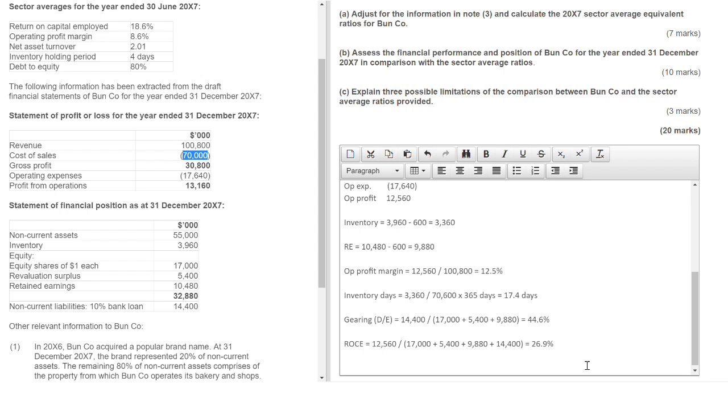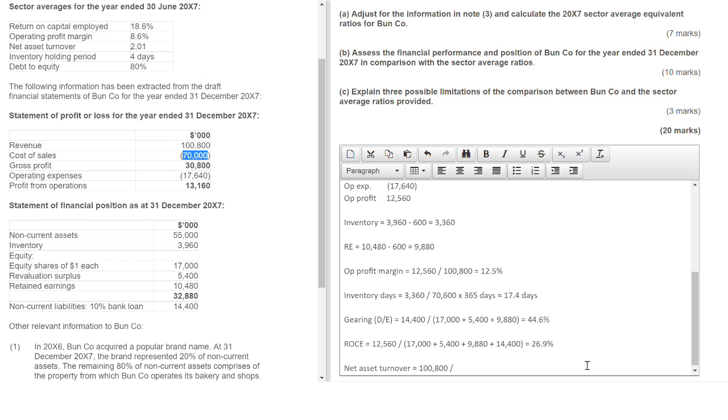Okay. Last but by no means least is your net asset turnover. So that looks at how efficient we are in generating our sales based upon the net assets used to generate it. So what you've got there is your sales up here on the top.